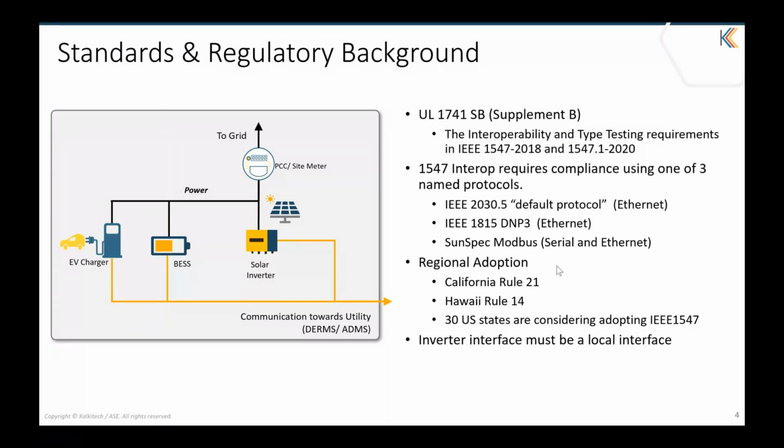Subsequent to that, there's the IEEE 1547 standard, which defines the interconnection and interoperability of distributed energy resources with the associated electrical power system. Primarily, 1547 covers the safety aspects of the network, the assets and the people, and also guarantees grid stability.